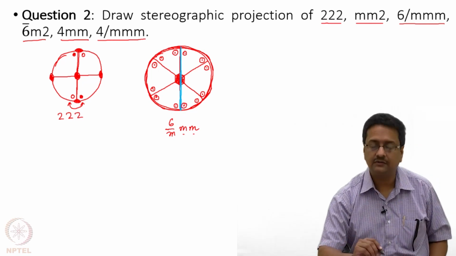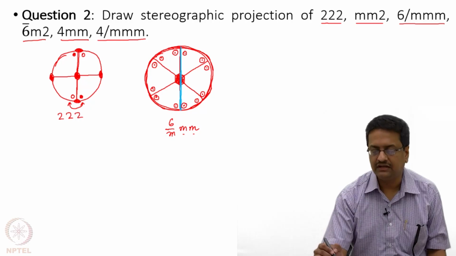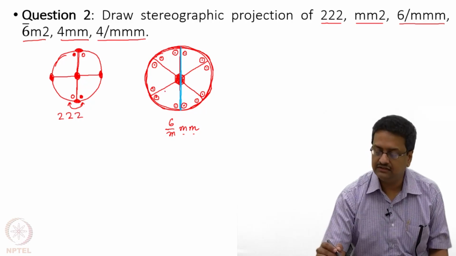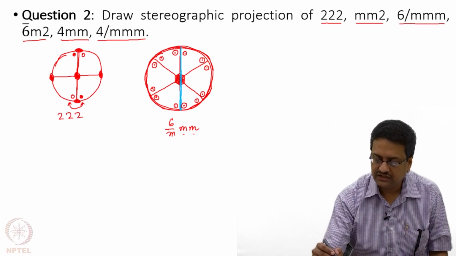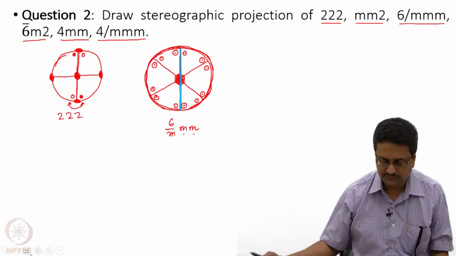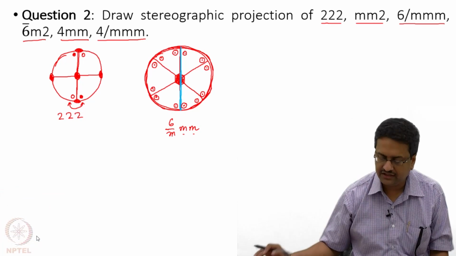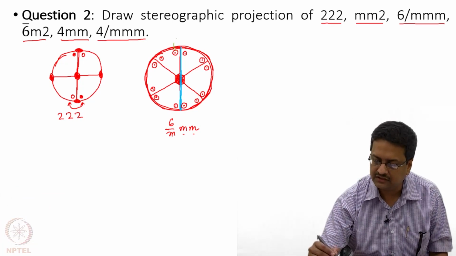I hope this is clear, because when we have one mirror, it actually reflects all the points from one side to other. So the mirror images are now drawn, and I am marking them who is mirror image of what.